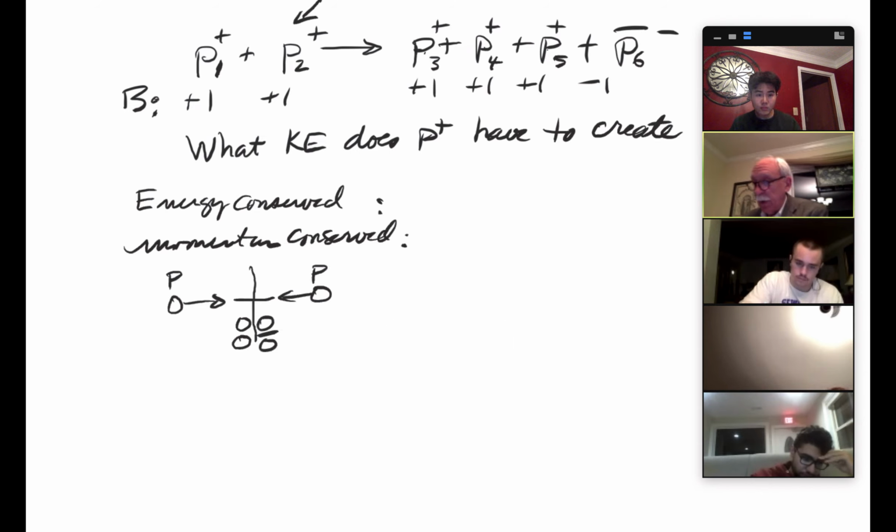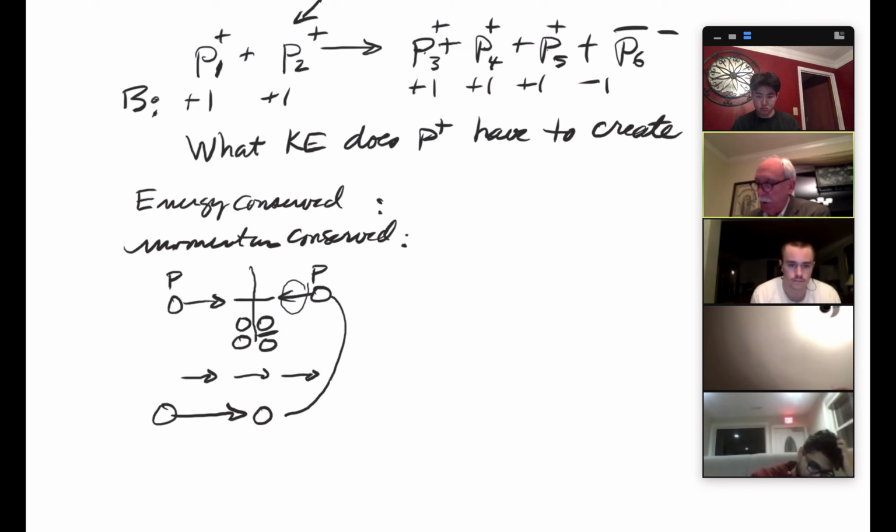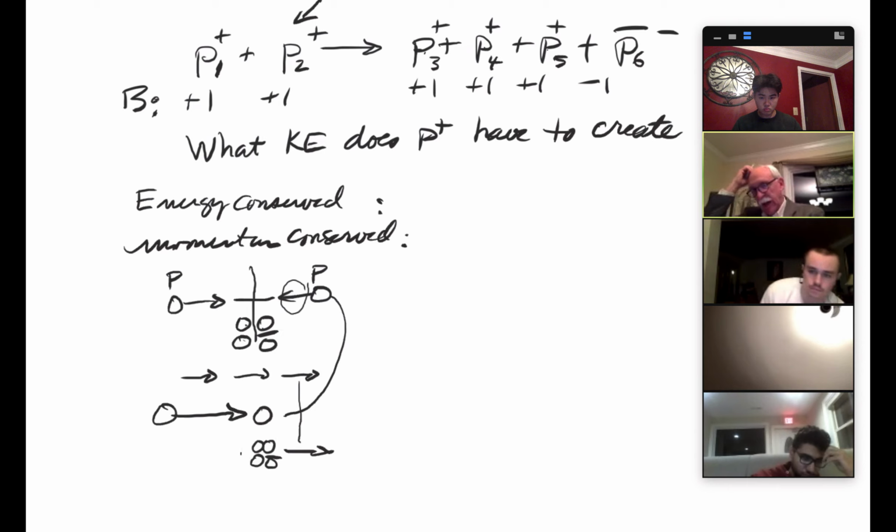Now, that's what really happens whatever that velocity is. If I add that to every particle in the system, then we would have the initial proton hitting this particle at rest, and then after the collision, four particles are bunched together, moving at this center of mass velocity. So in this collision, when it's all done, four particles act independent of each other, but they all have exactly the same momentum.